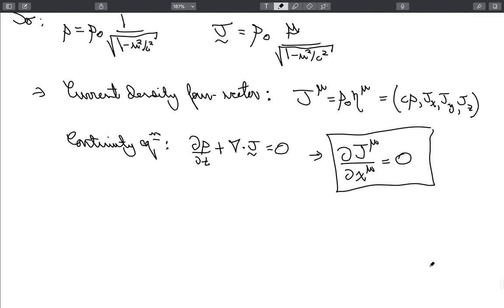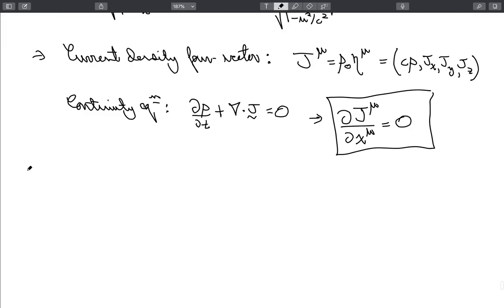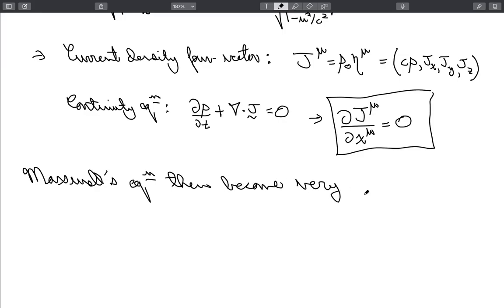Now, the fun bit is that Maxwell's equations become super simple. You remember our field tensor. So what we're going to do now is take the derivative of F mu nu with respect to x nu.